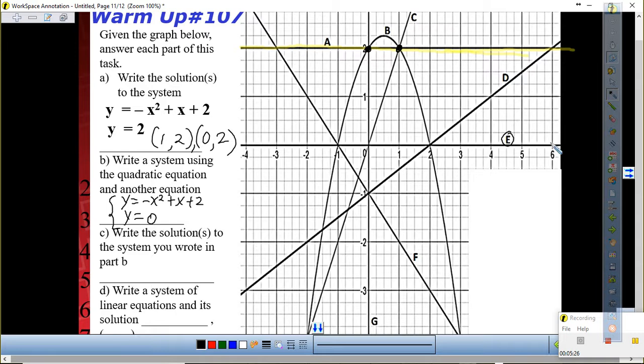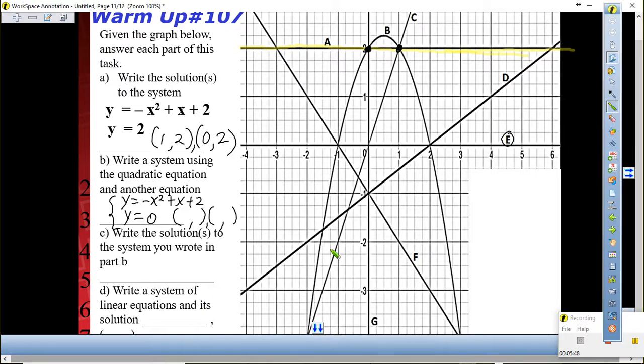Yes. All right. Did anyone else write that system? All right. Some of you. Okay. Those of you that did not, I want you to write it down right now. Write this system down. And I want you to write the solutions to that system, please. So now we're looking at the system, the parabola, and line E, this line right here.